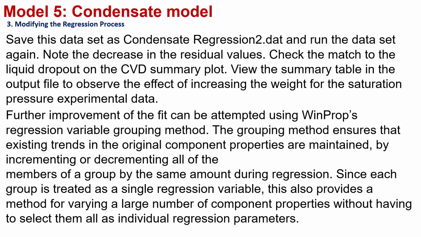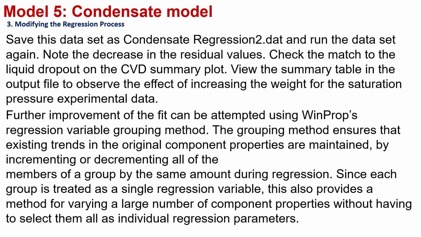It helps you to further improve the fit by attempting to use the WinProp regression variable grouping method. The grouping method ensures that existing trends in the original component properties are maintained by incrementing or decrementing all members of a group by the same amount during regression.